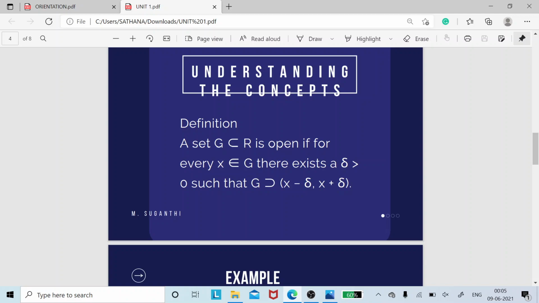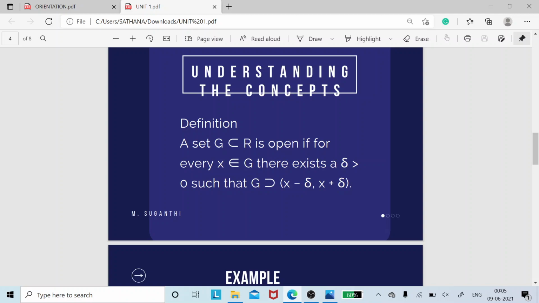So here we have a piece of segment around the element x which lies totally inside the set G. It should be true for each and every element of G. Whatever element you take from G, it should contain a piece of segment around it which is completely lying inside the set G. So this is the condition for a set G being open.